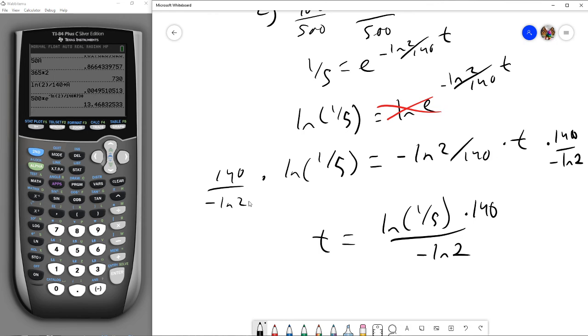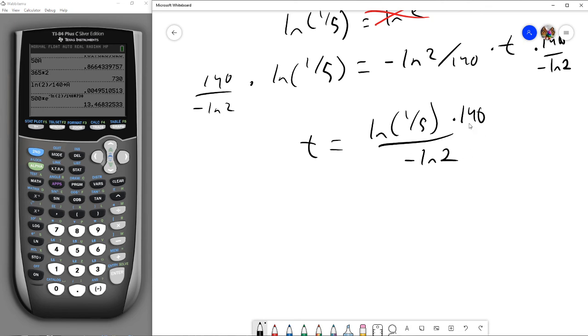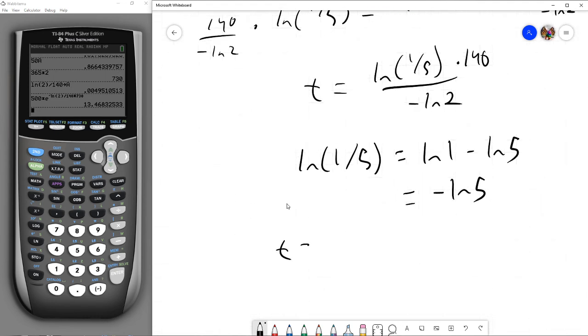Now, sometimes a student of mine will be worried because they see a negative here and think this quantity is negative, when in reality it's actually positive, because if we recall, natural log of 1/5 is the same thing as natural log of 1 minus natural log of 5, which is going to equal negative natural log of 5, because natural log of 1 is 0. So we could actually simplify this as, well, since we have a negative here and a negative in the numerator, negatives cancel out. So we just have natural log of 5 times 140 over natural log of 2.